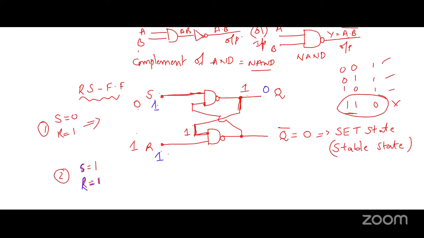Again here 1 0. What is the AND gate for the 1 0? Okay. This you can call it as reset state. This is also another stable state.